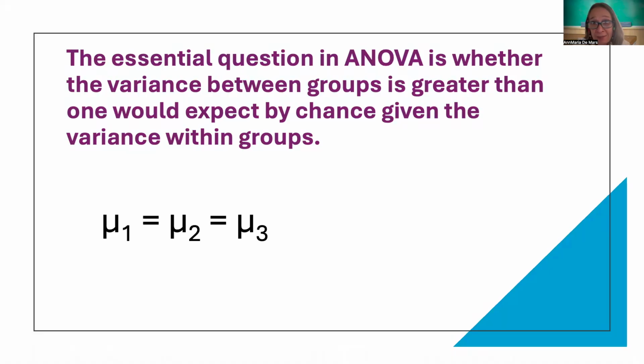So let me repeat this. The essential question in ANOVA is whether the variance between groups is greater than one would expect by chance, given the variance within groups. The null hypothesis we're testing here is that all of the group means are equal, or stated another way, there's no difference between the mean of group one and group two, etc.